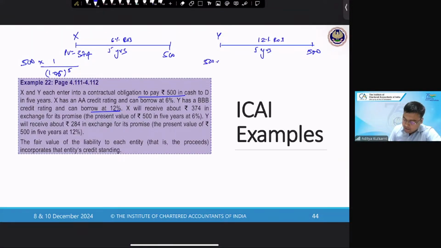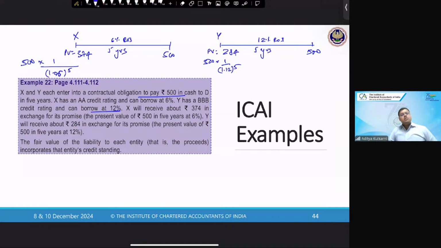So 500 into 1 divided by 1.12 raised to 5. 284, sir, approximate. Present value equals 284. Anybody has any doubt here?